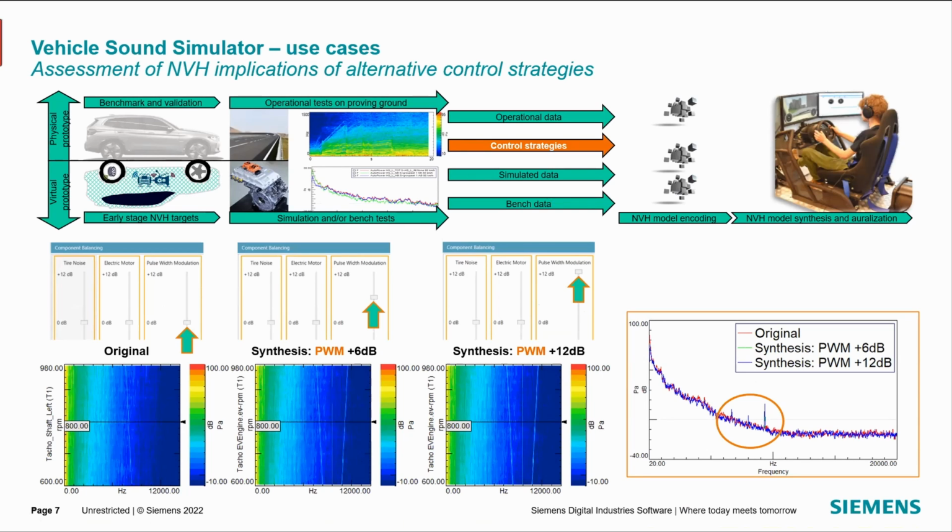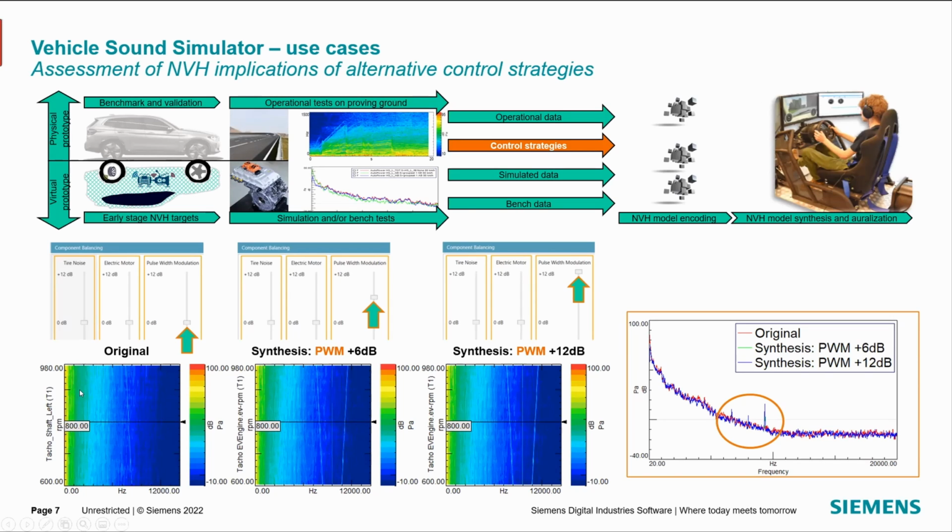And after modeling this control strategy in an executable digital way, so in a way that by acting on physical quantities, one can alter the effects in a realistic way through the executable digital twin, one can also focus on the sound consequences of these effects.